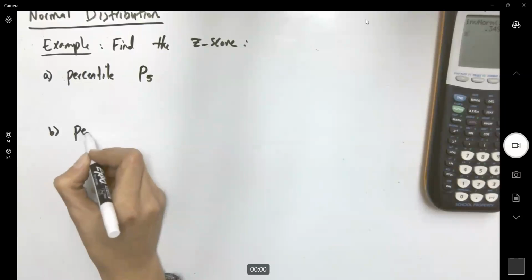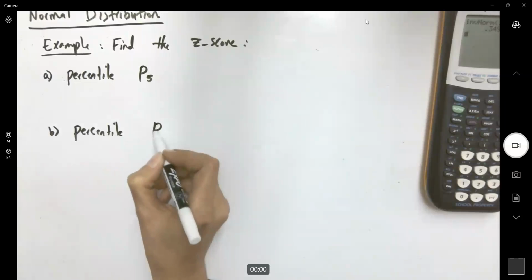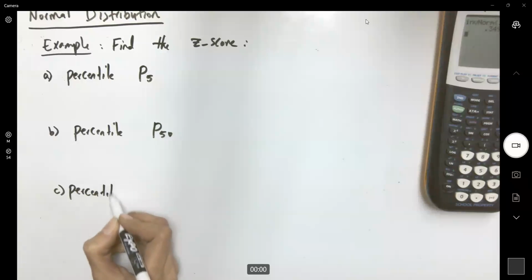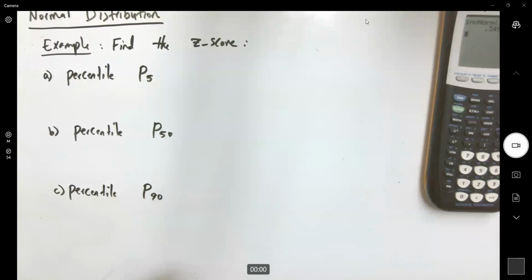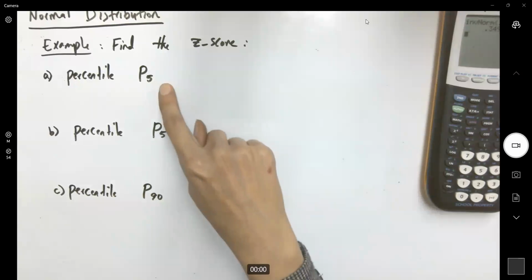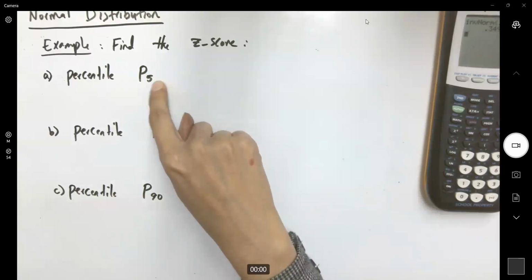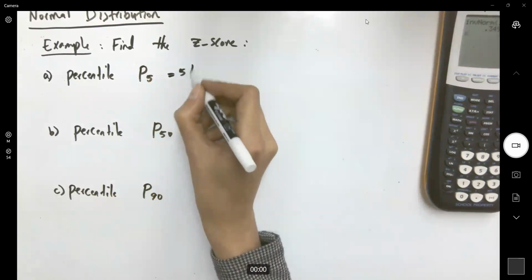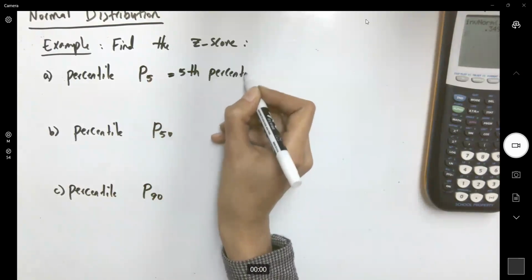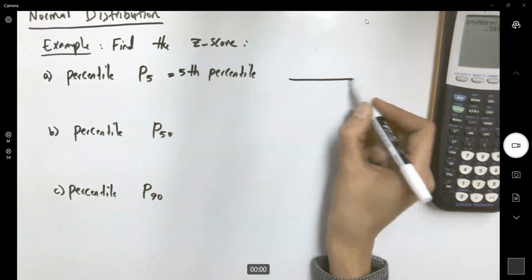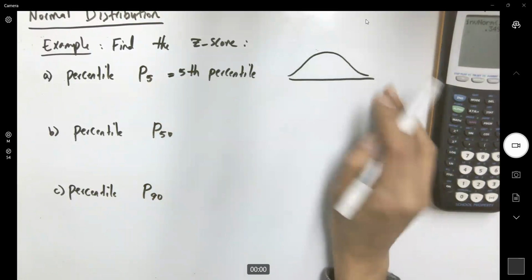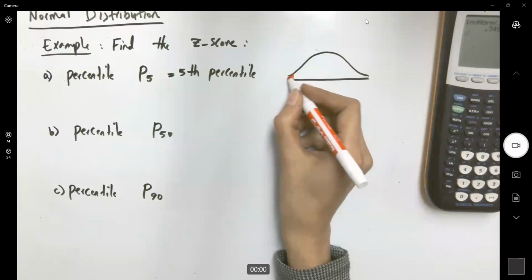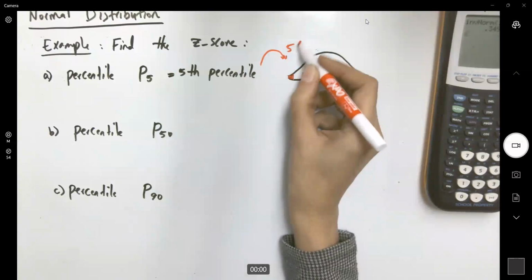B, you have the percentile P sub 50, and you have the percentile P sub 90. Remember that when you're talking about percentile P sub 5 or the 5th percentile, it means that we are dealing with the 5% of the area. The 5% of the area is very small.